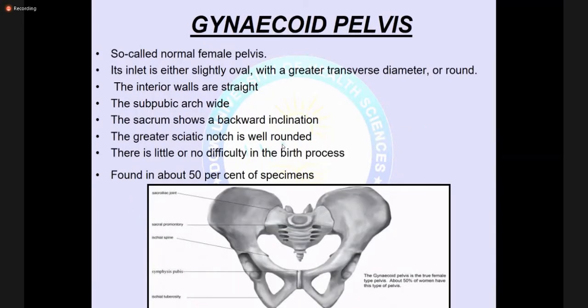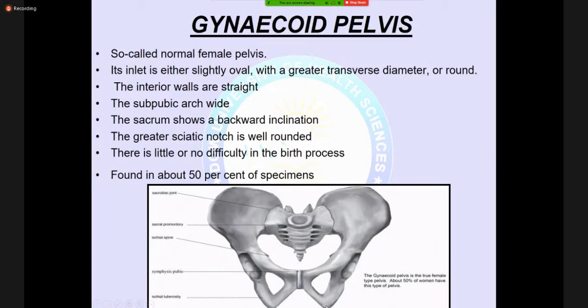The gynecoid pelvis is the most common pelvis found in females. It is also called the female pelvis, where, in the diagram, you see that the inlet is found to be oval and the transverse diameter is greater compared to the anteroposterior diameter.